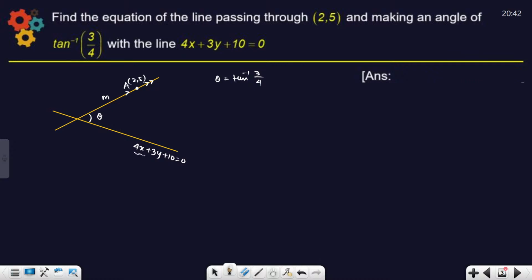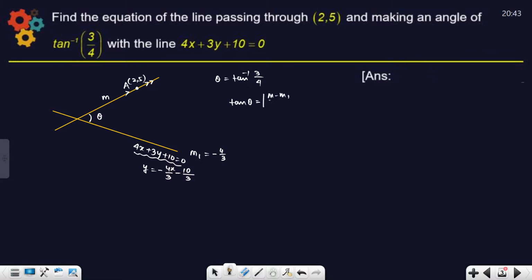And the slope of this given line, which I denote by m1, is nothing but minus 4 over 3. Is it clear?